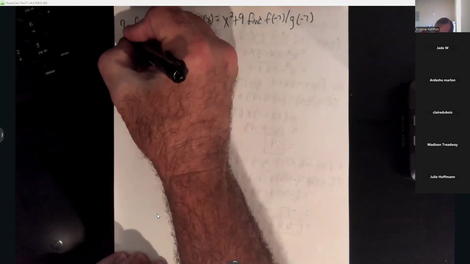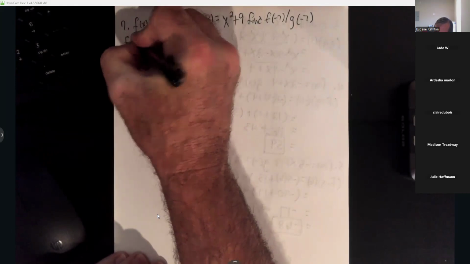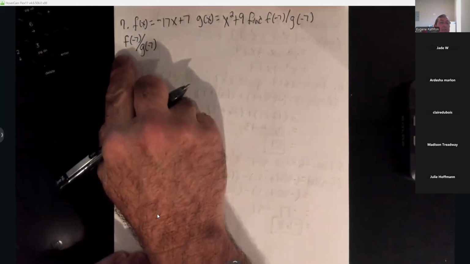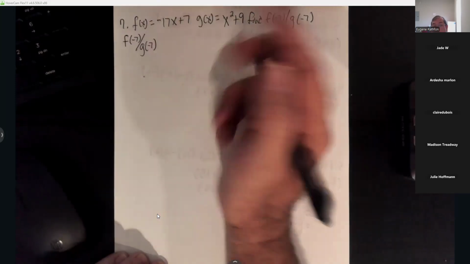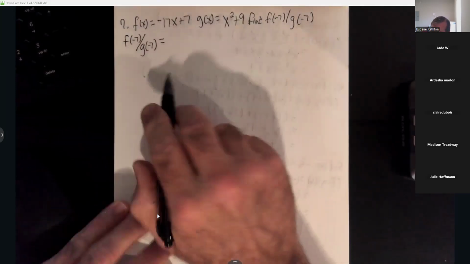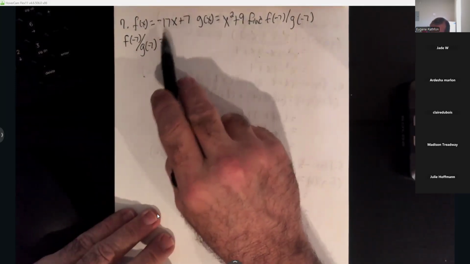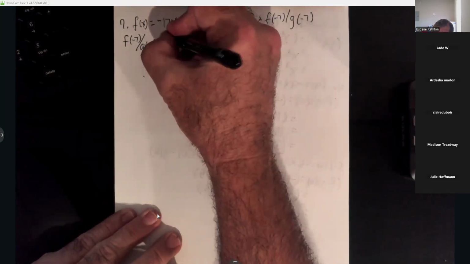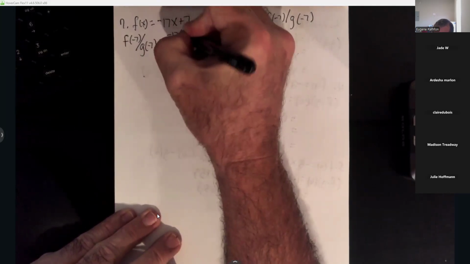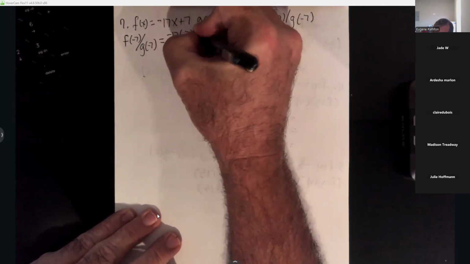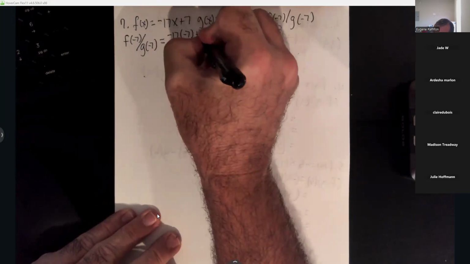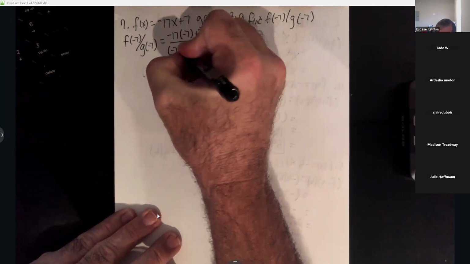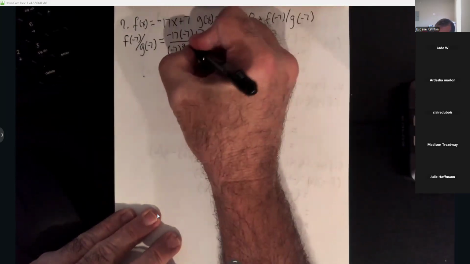All right, y'all, so here we go. f of negative 7 divided by g of negative 7. Now, I could have just written f divided by g of negative 7. So y'all, that's going to equal my f on top. And remember, I'm putting a negative 7 in for the x. So I'm going to have negative 17 times negative 7 plus 7 over my g of negative 7, which will be negative 7 squared plus 9.